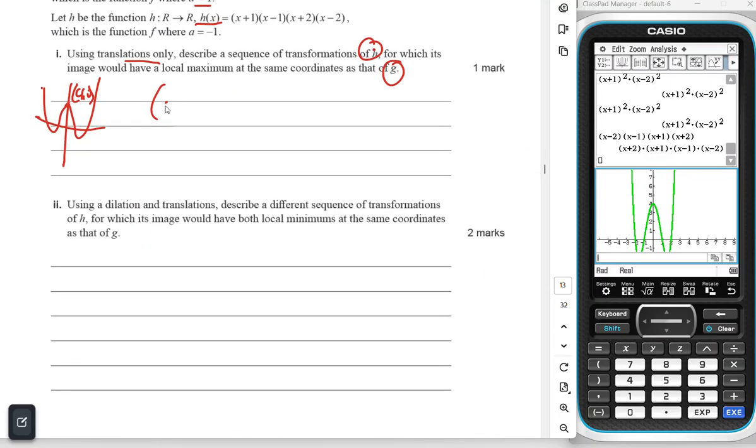So you want to go from 0, 4 to a half 81 on 16, which is 5.0625. Therefore, you want to move this way a half. Therefore, translate a half to the right.